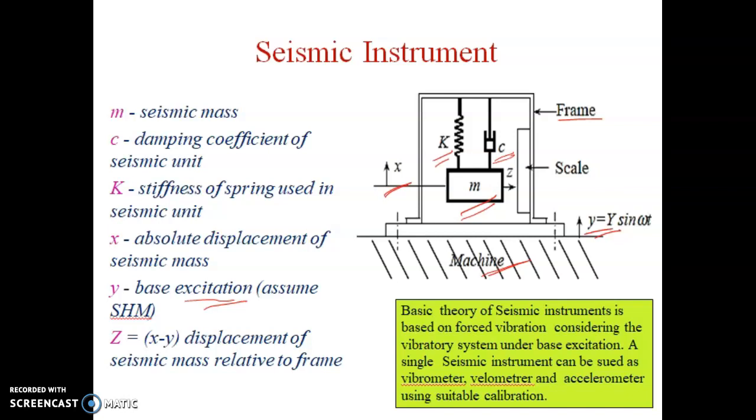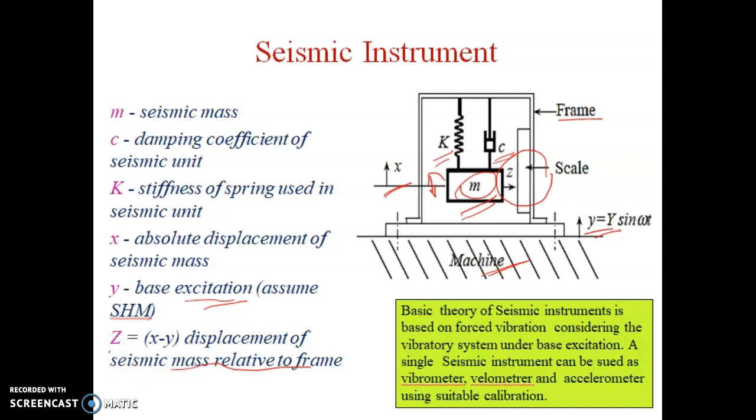Then Z is recorded on this scale, and this Z is the displacement of the seismic mass relative to the frame, because M is the seismic mass, so it will have an up and down movement relative to the frame movement. So that relative motion is measured as Z.